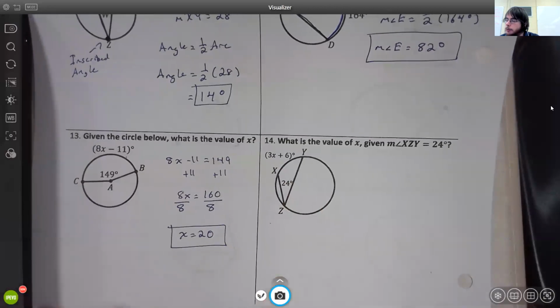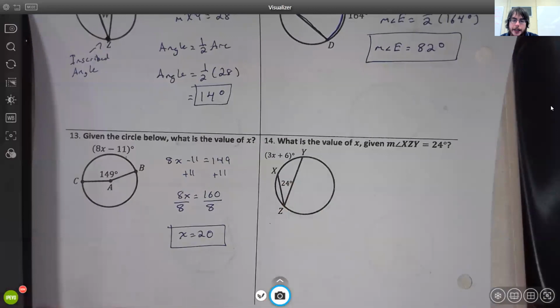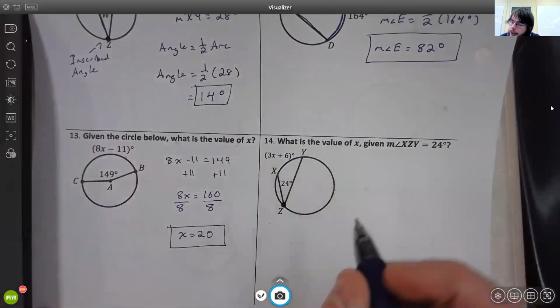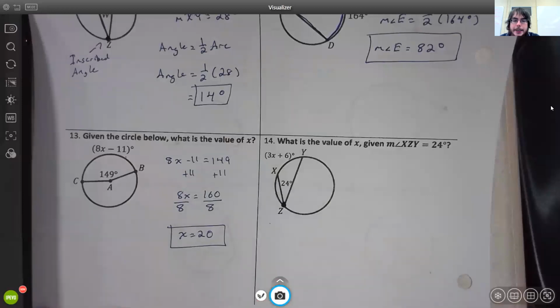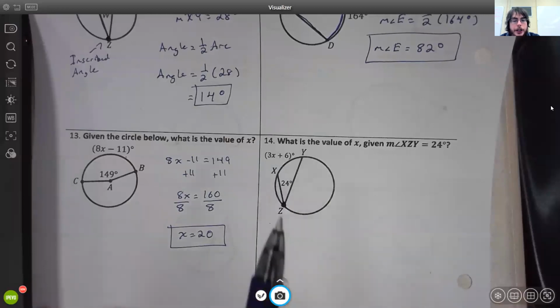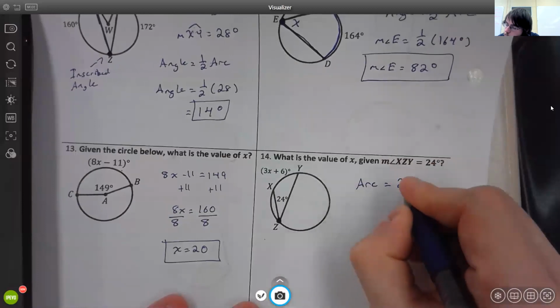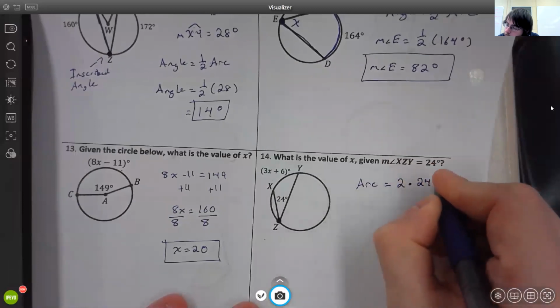And then our last problem here, what is the value of x given the measure of angle XZY is equal to 24 degrees? Now in this case, we see that angle XZY is an inscribed angle. We want to find x and it's on the arc. We already know the angle, and we know that the arc must equal twice what the angle is.